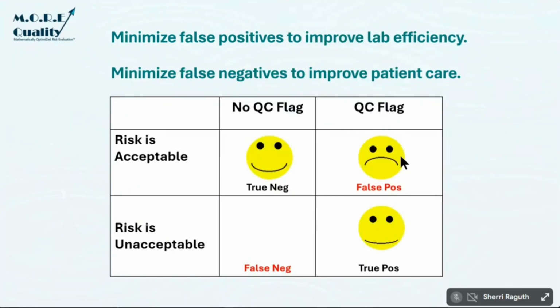That's ridiculous. And what it does is it's the little boy who cries wolf. You become blind to all of those QC flags and you learn to ignore them. And that puts you at risk of the false negative, where either you've ignored your QC flag or the risk is unacceptable and there is no QC flag. So you want to avoid the false positive, you want to avoid the false negative.